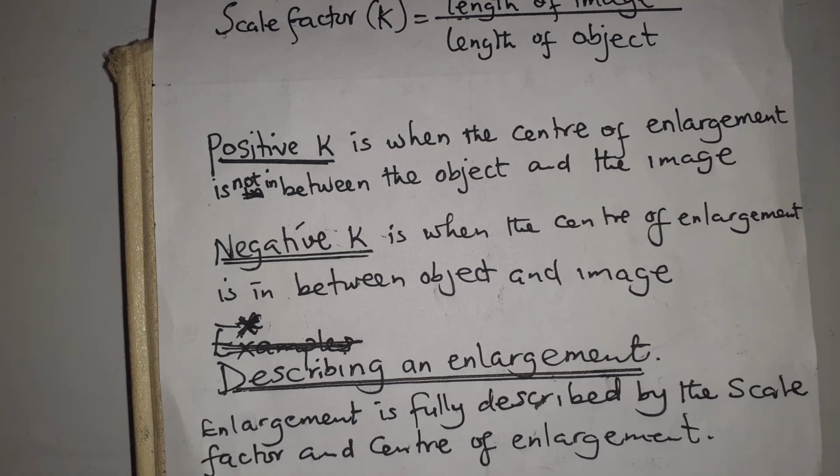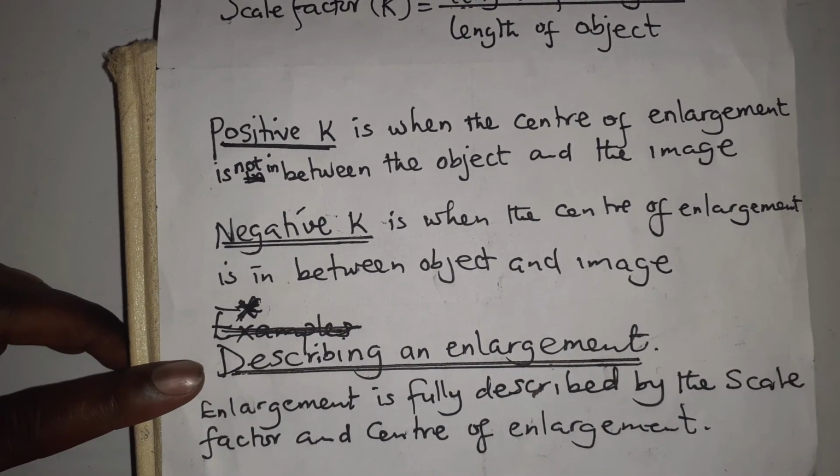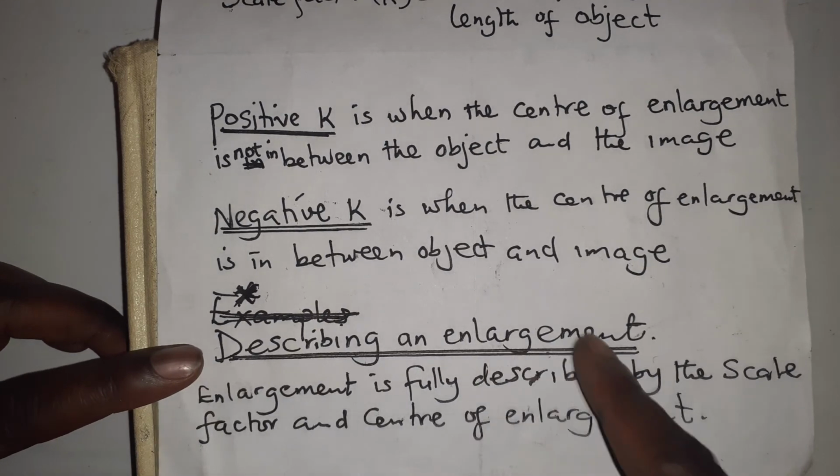After that, how do we describe an enlargement? When you are told to describe a transformation, and that transformation is an enlargement, you need to first state that it is an enlargement.